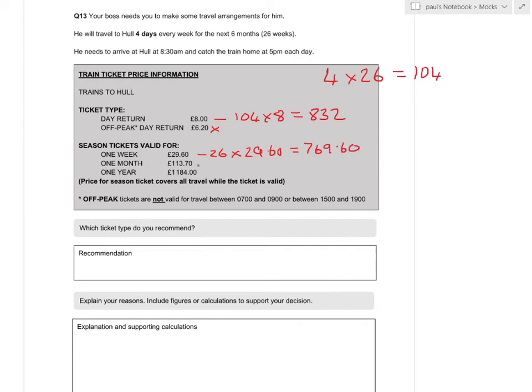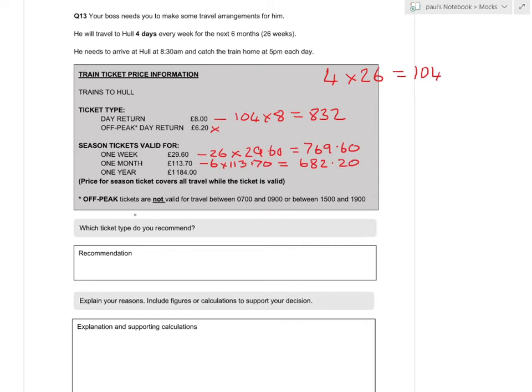What about this? A month. There's 6 months. So 6 times 113.70 is 682.20, so it's coming down. And a year ticket, oh, much too much.